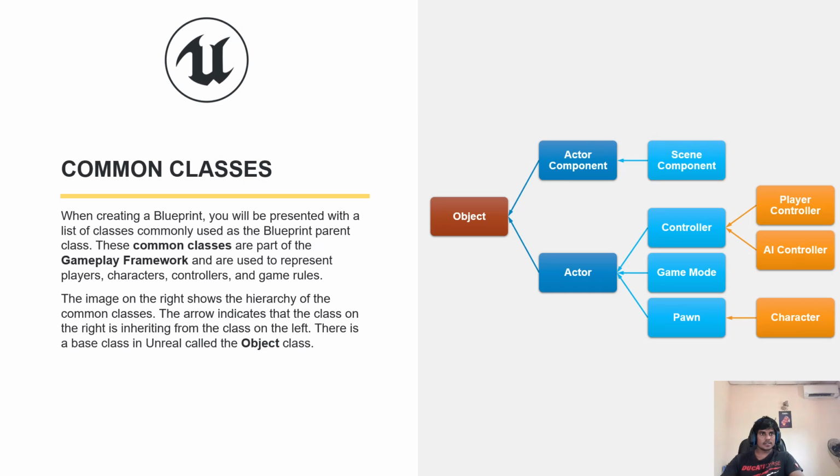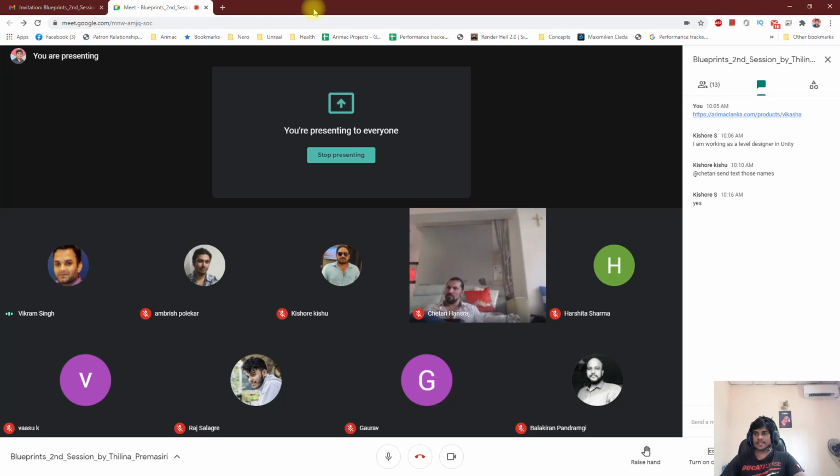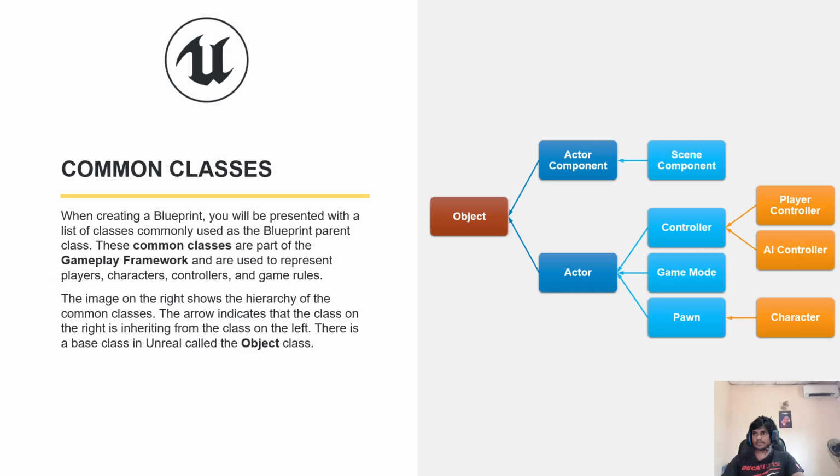Sorry to interrupt, what is the difference between an actor component and an actor? I'll explain when I open the engine. An actor component is basically something that you can attach to an actor. An actor is something that we can place in the level, while an actor component is something that can reside inside the actor.